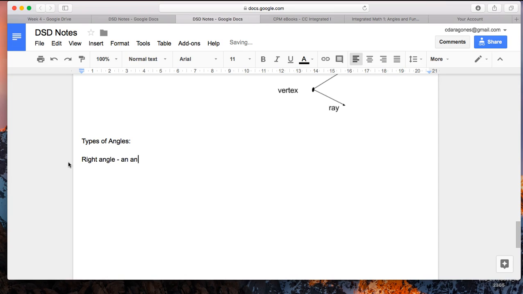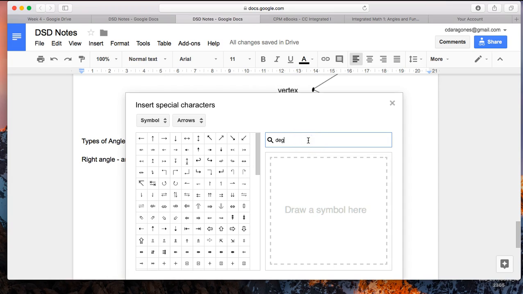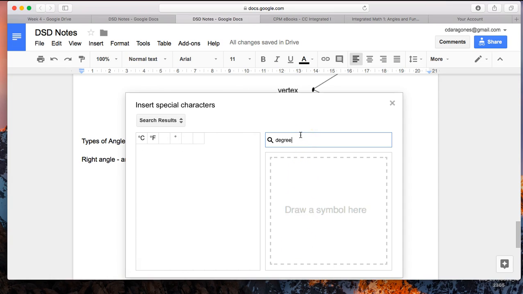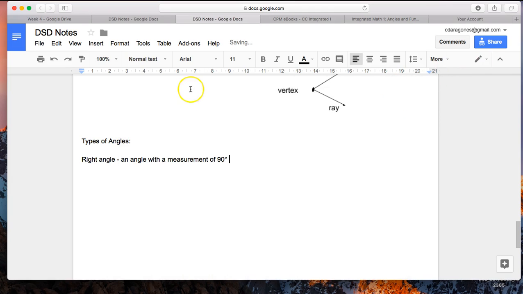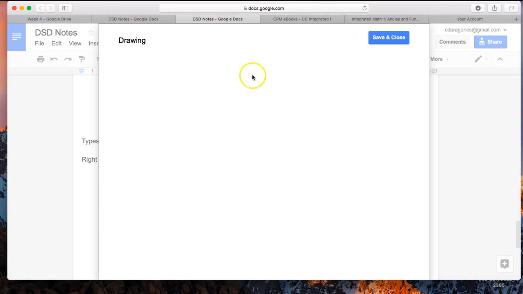So a right angle is an angle with a measurement of 90, and then we put a degree symbol. Okay, so a right angle has a measurement of 90 degrees, and it kind of looks like an L. So I'll draw a picture right now.